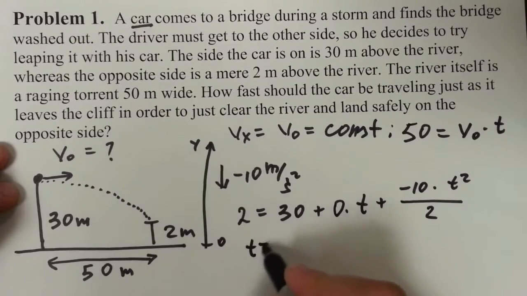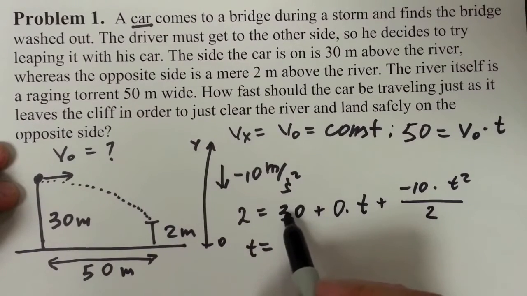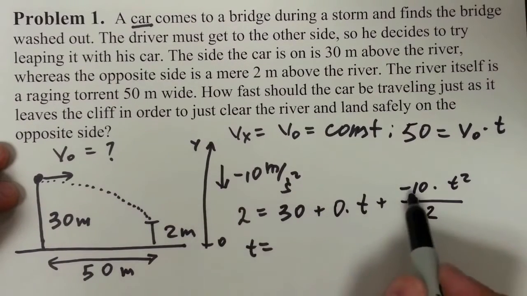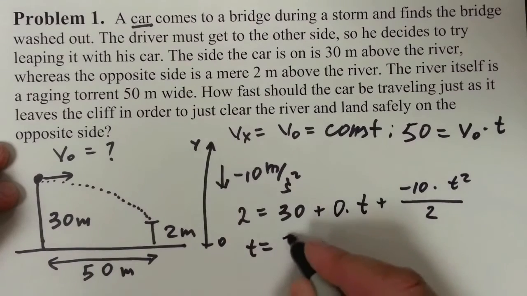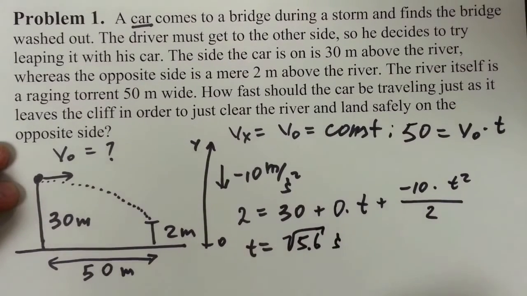So it turns out time is supposed to be equal to, well, that's 30 minus 2, 28, 28 times 2, 56, 56 over 10, 5.6, square root of 5.6 seconds.